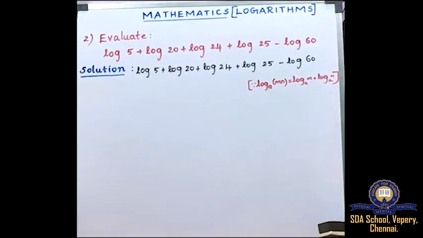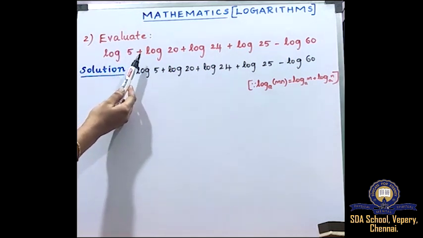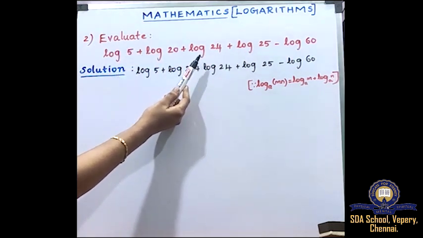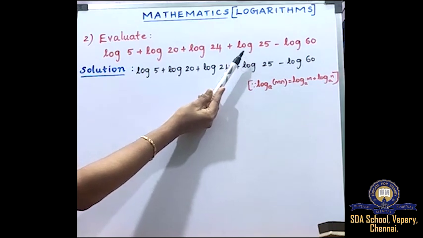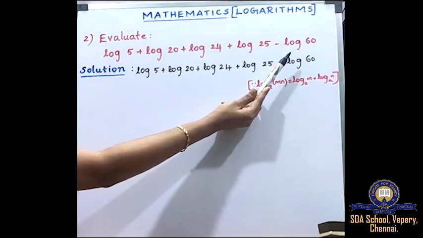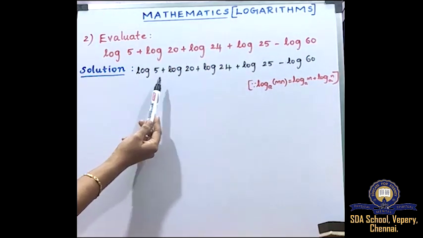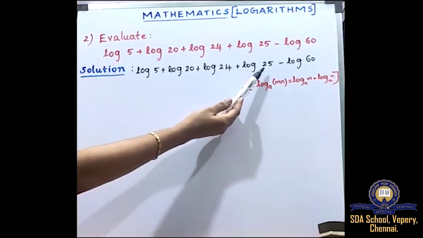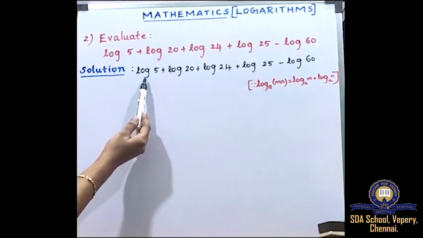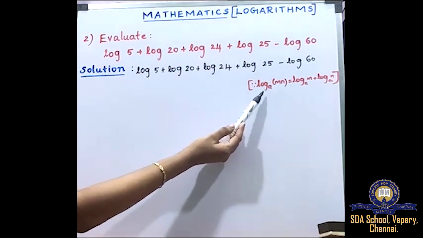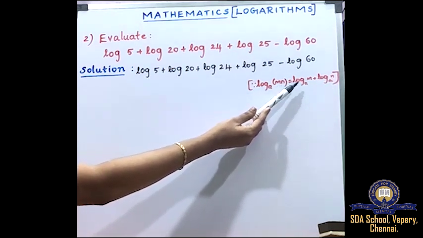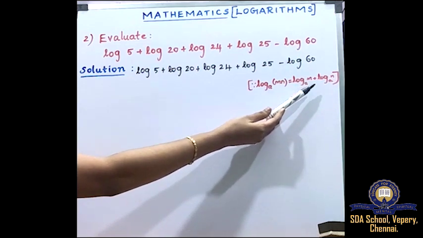The second question is, evaluate log 5 plus log 20 plus log 24 plus log 25 minus log 60. So, writing the question here, if you observe these terms, addition of terms can be represented as product of its terms using this law: log mn to the base a equals log m to the base a plus log n to the base a.